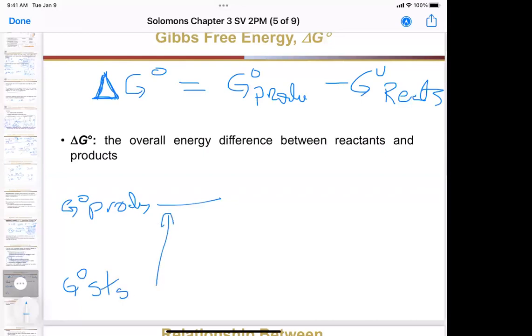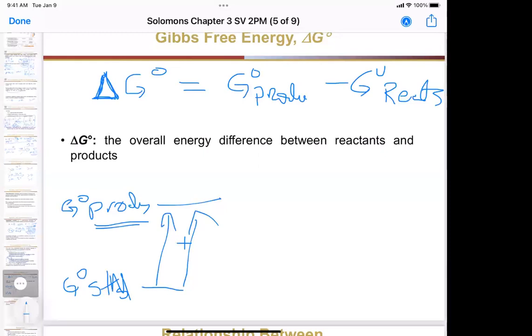So this difference in energy, going from starting materials, SM, to products, is a positive number, meaning that it took energy to do. So the products have higher energy.